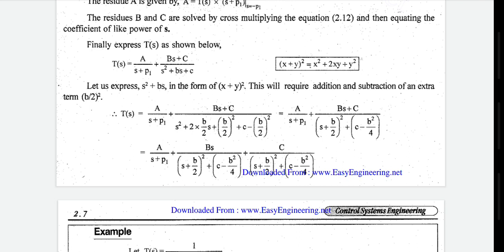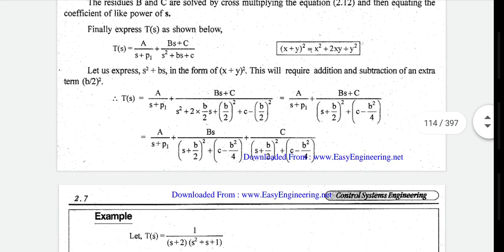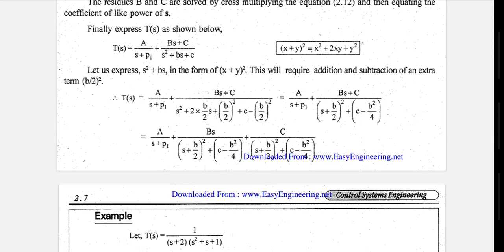So 2 into xy is nothing but, so b by 2 s plus b by 2 whole square plus c. Okay, so you have a c square here. You are doing addition and subtraction of b by 2 whole square.